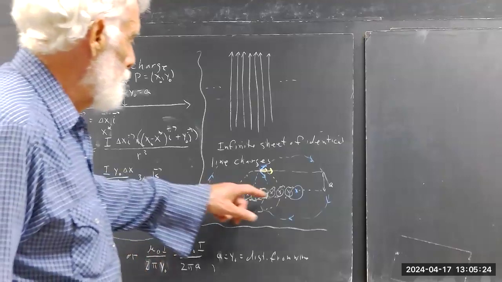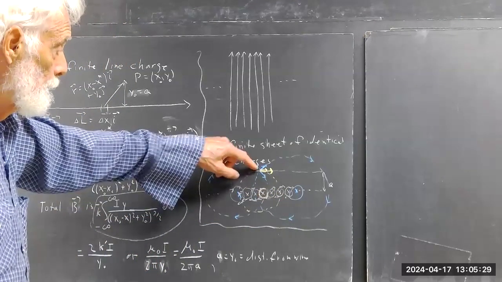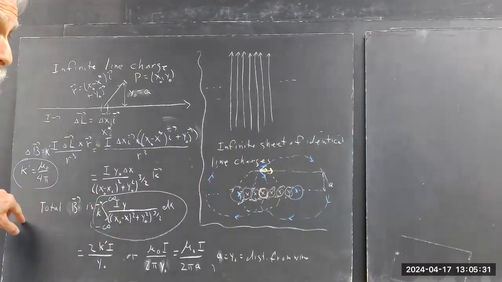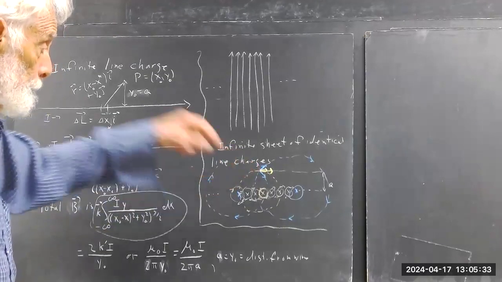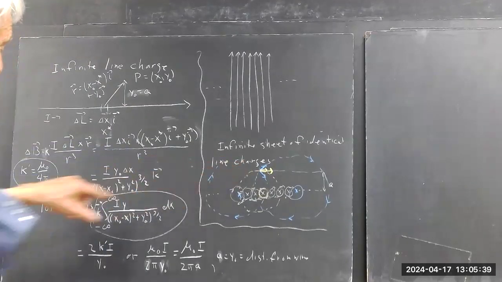Now, if you take a charge over here, it's much further from your field point. Say it's 10 times as far.